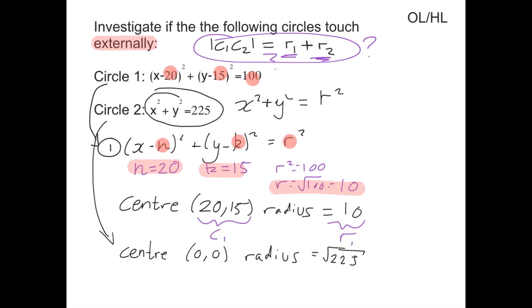The reason for that is we have r squared equals 225, so r is the square root of 225. When we work that out, we get our radius is 15. So this is our C2, and this is our R2.